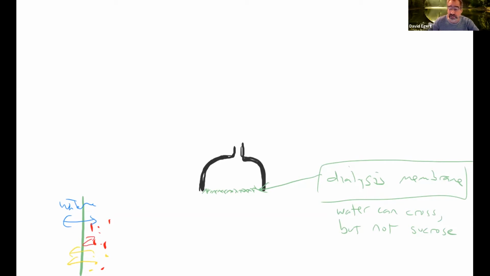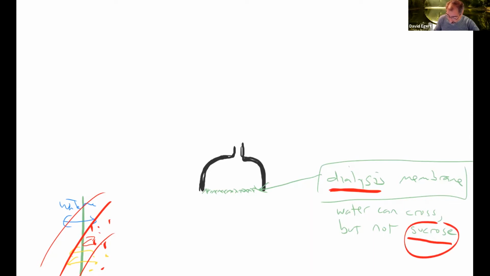So don't get too confused there now. But this membrane here is constructed so that sucrose cannot pass, but water can pass. So any sucrose that's in here can't leave through that membrane.